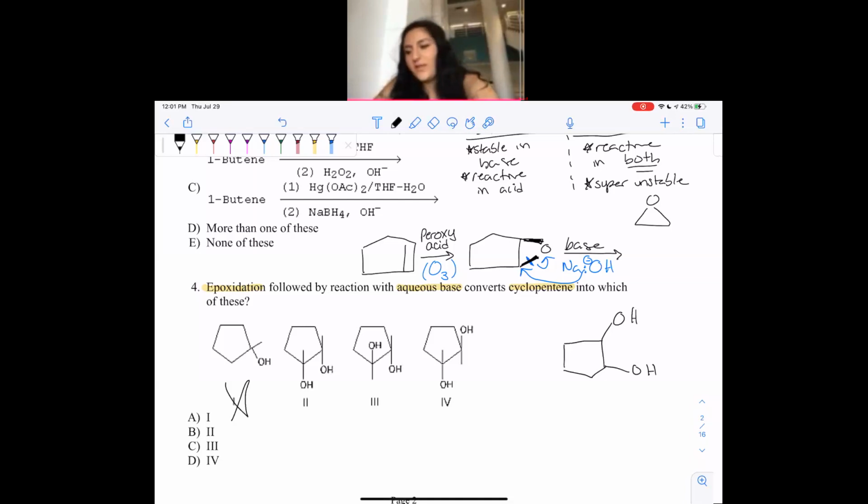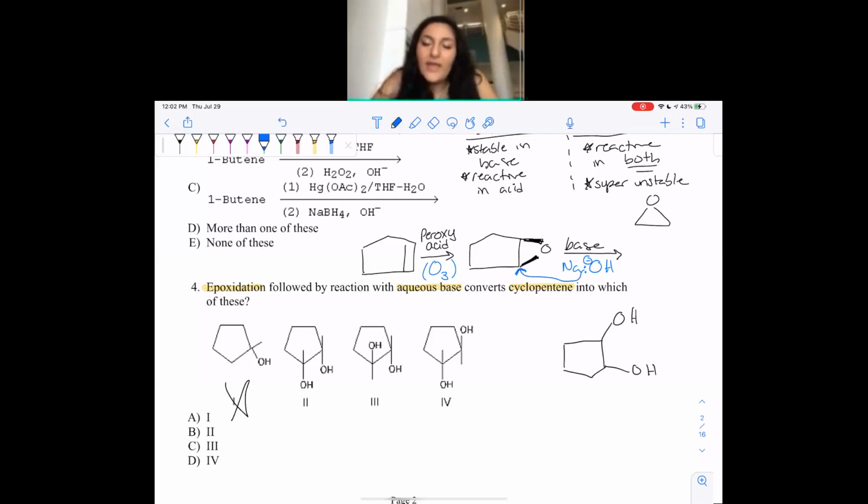What do we think? Okay, so let's say both of these were wedged, because we know the epoxide has to be on one plane. Both sides have to be going the same direction. We know the nucleophile is going to come in and attack here.